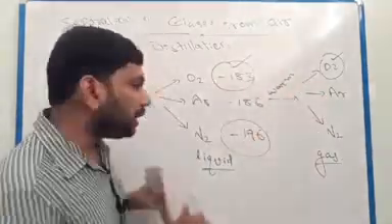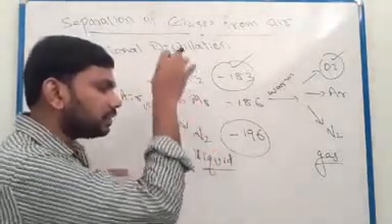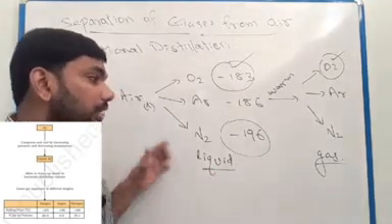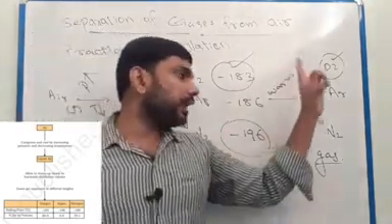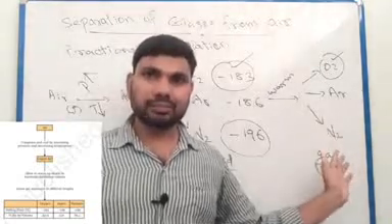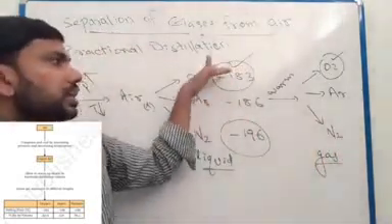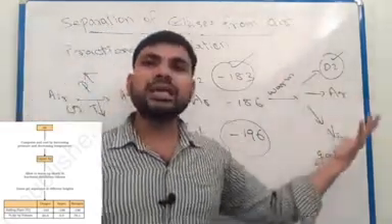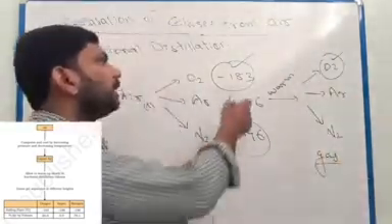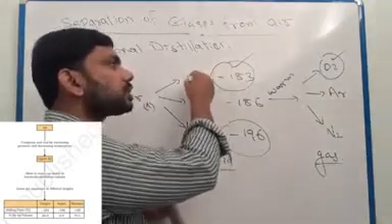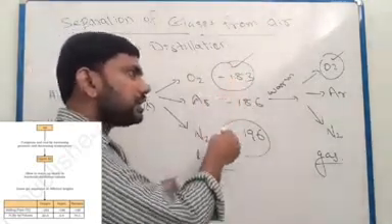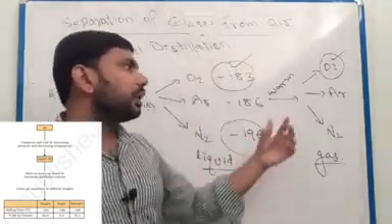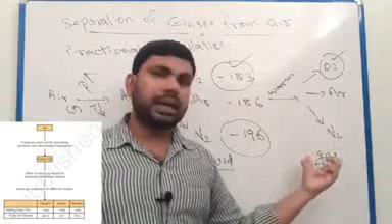So remember, nitrogen will change to the liquid state last, and nitrogen will also change to the gaseous state last. But oxygen will change to the liquid state first, and also to the gaseous state first, because oxygen changes at a higher temperature than nitrogen.